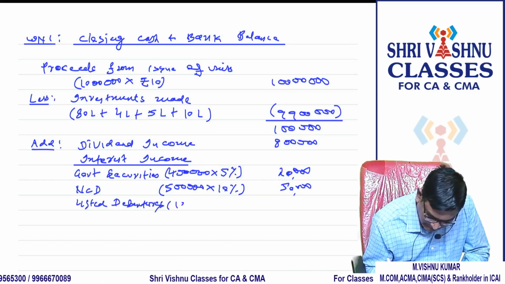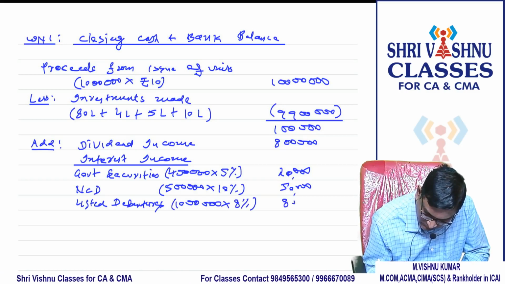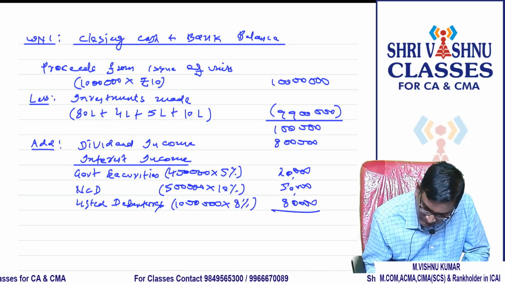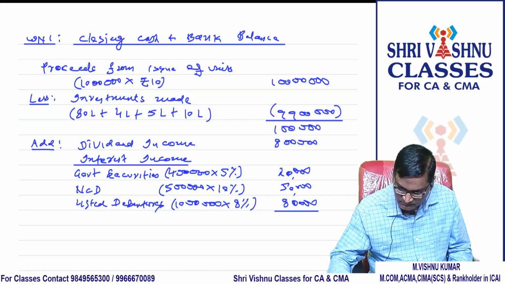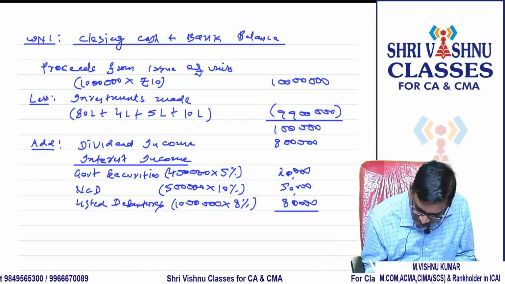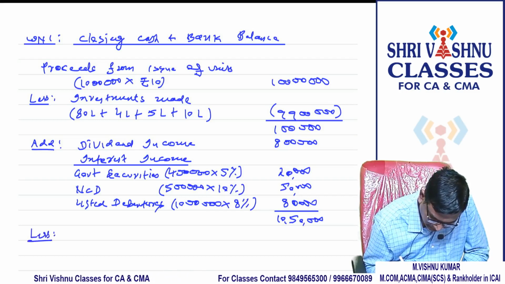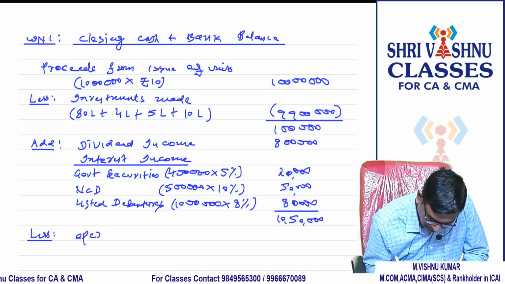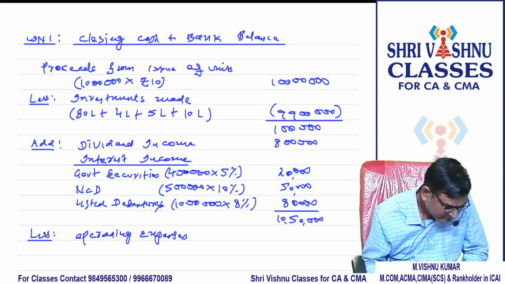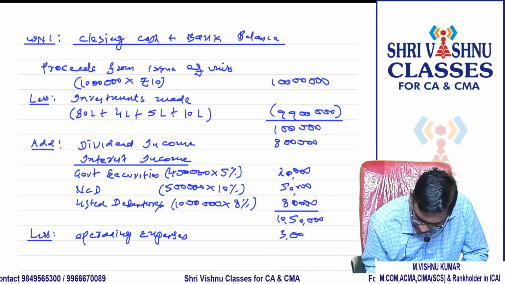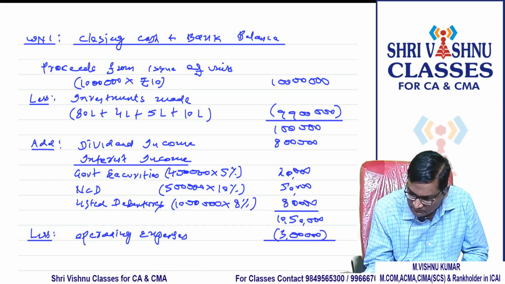Debt debenture. Next, operating expenses.